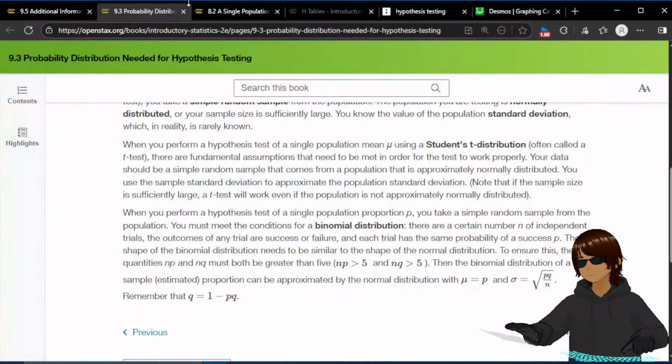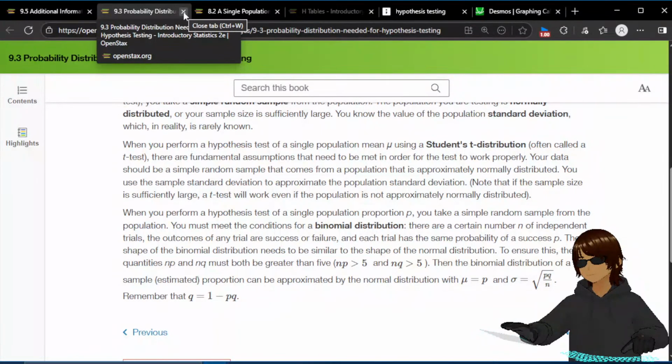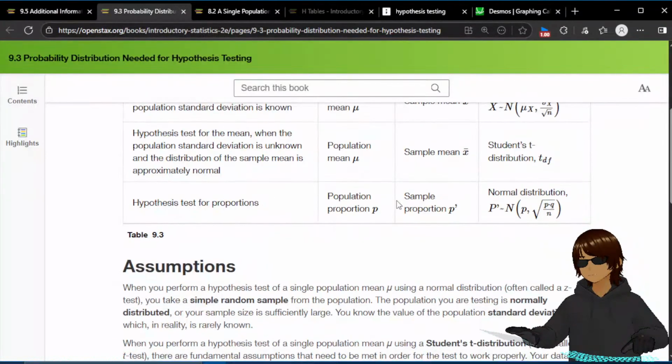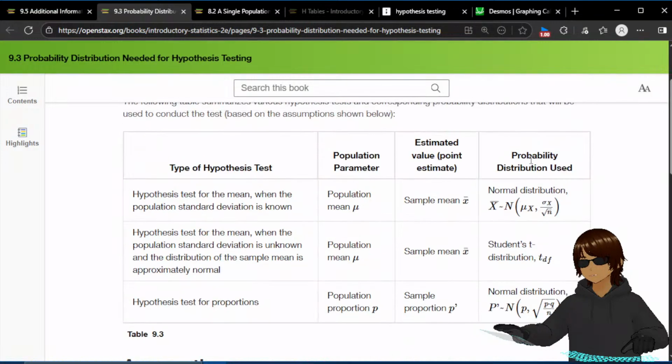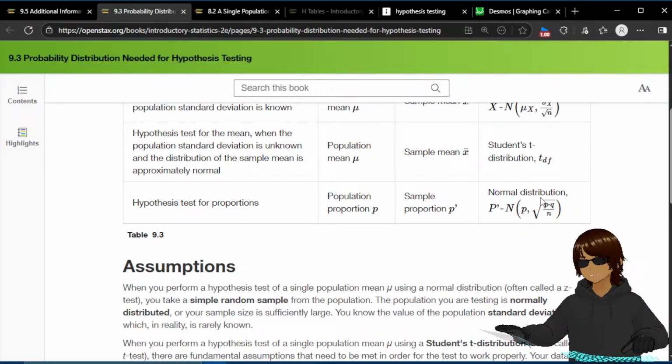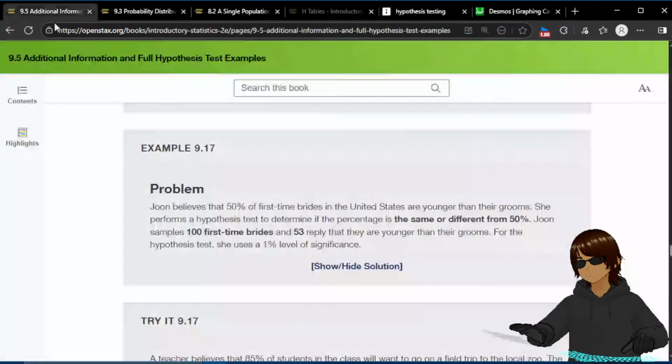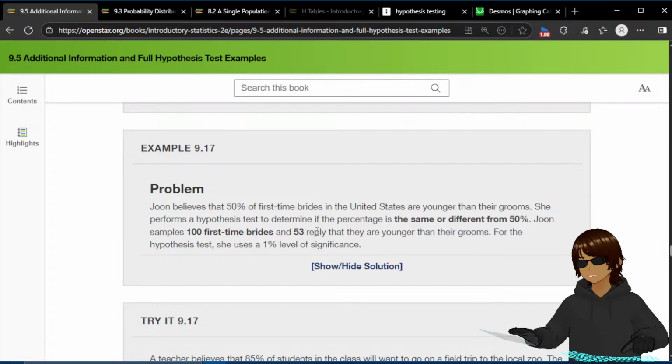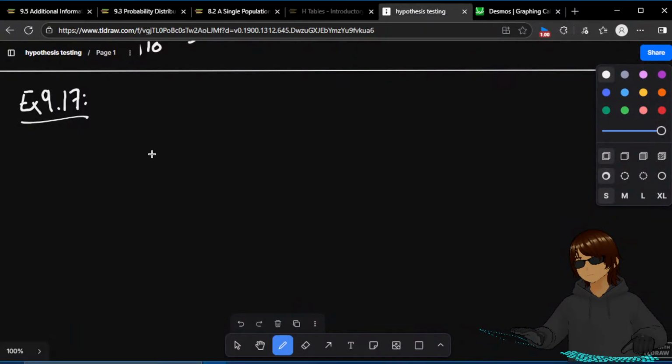So it's this one, right? The probability distribution used is the normal distribution, with P the probability of success and root PQ over N. So P is 53 out of 100, so P is 0.53.